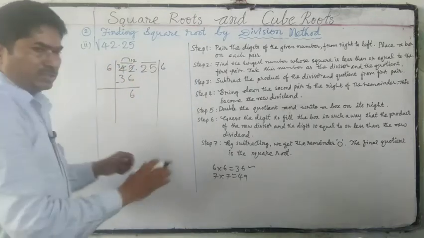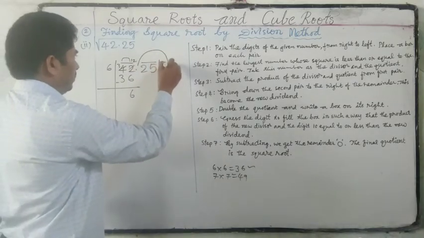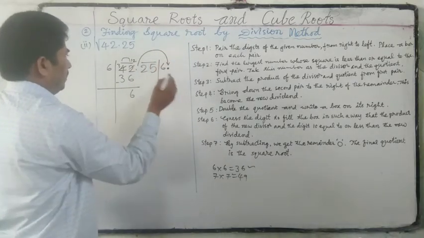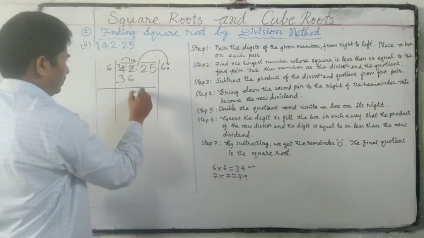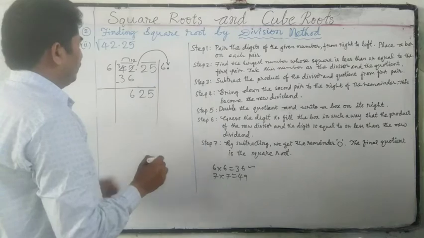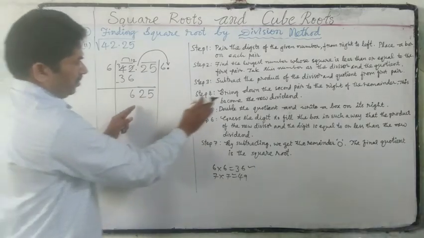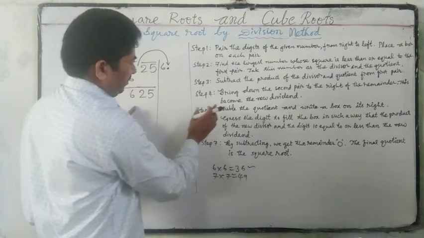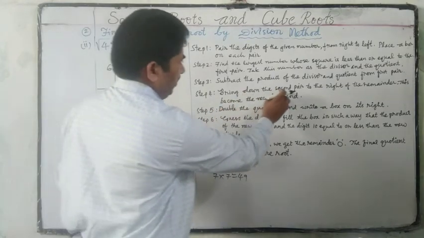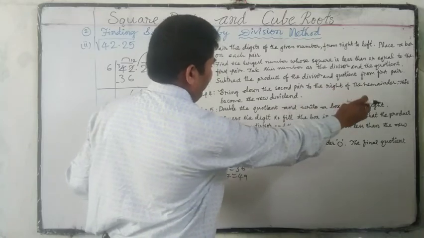Before bringing down the next pair, we have to keep the decimal point in the quotient. Then only bring down the pair, 625. Bring down the second pair to the right of the remainder.